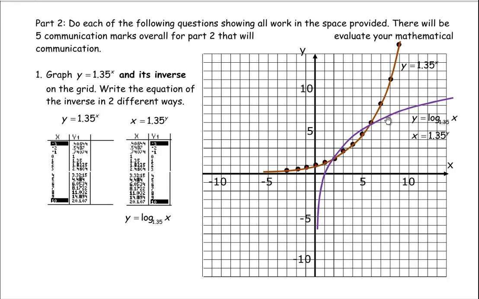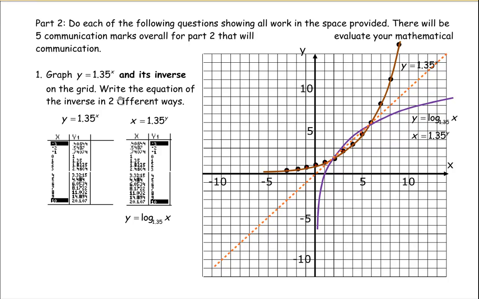And so that's what the graph of the inverse would look like. They're actually reflections of each other in that y equals x line. Let me draw that just to demonstrate. So if we draw that line, that's what the y equals x line looks like. And so they would be reflections of each other in that line.